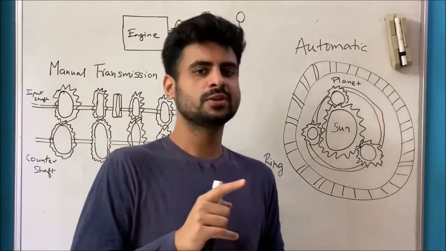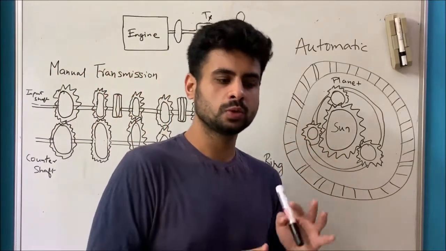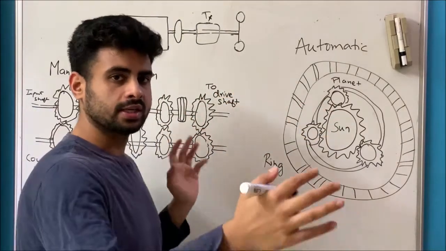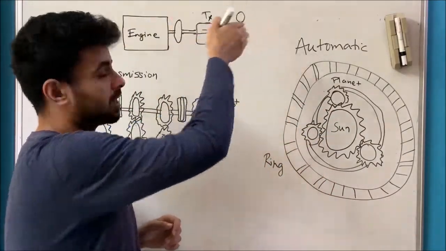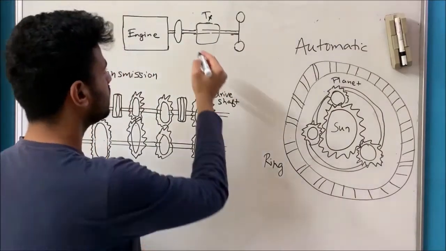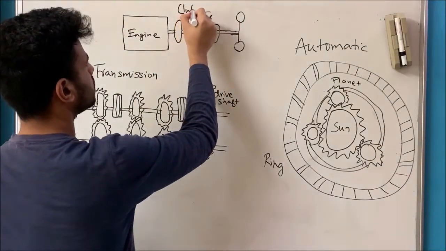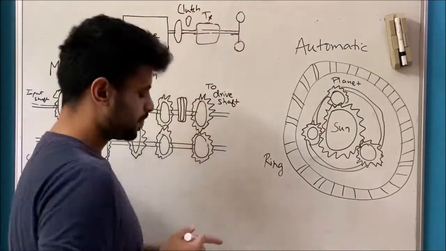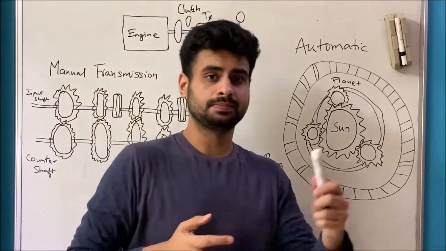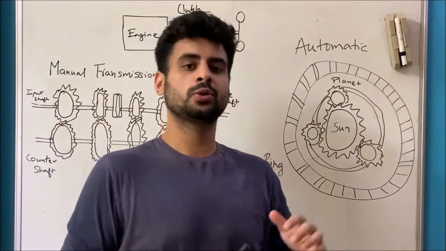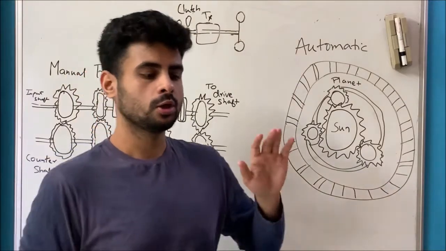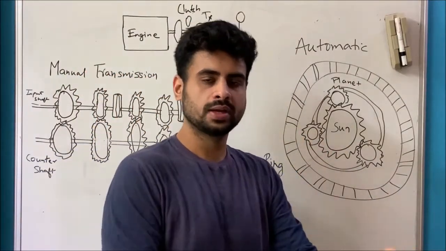So obviously, the first thing we need here is some sort of mechanism to disconnect this power transfer from the flywheel to the drive shaft, and this is where the clutch comes in. Everyone's familiar with the clutch. If you drive a manual transmission vehicle, you know that when you're coming to a halt, you will press the clutch pedal and then stop the vehicle. This is the reason.